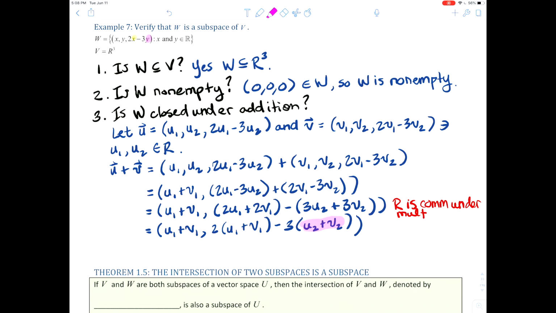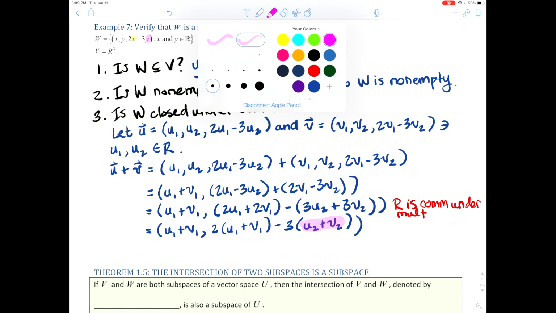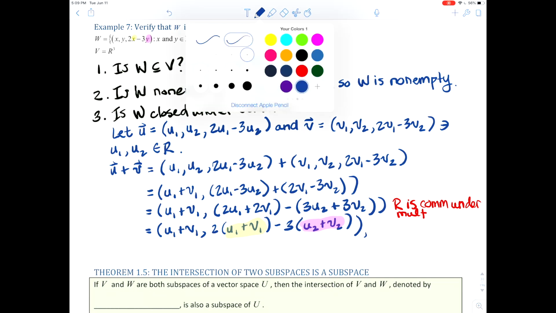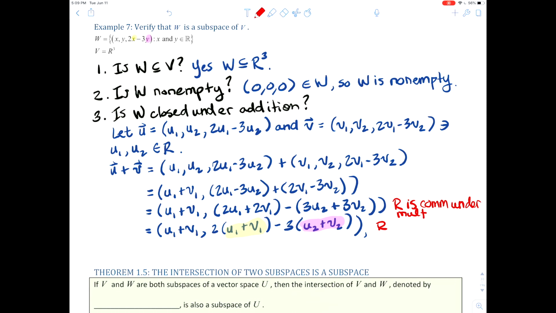I have 3 times something, and I have 2 times something. So we can say now, oh, that was because the set of real numbers is distributive under multiplication.